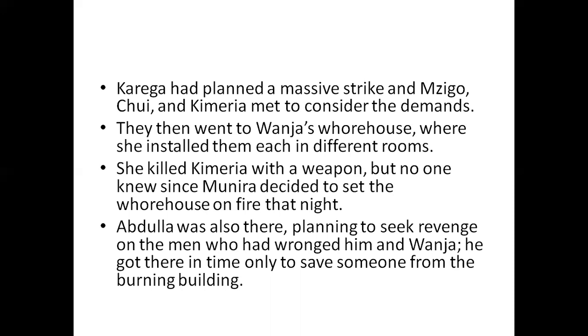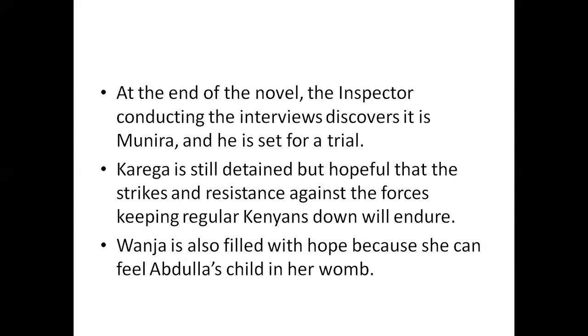Abdullah was also there. So Abdullah was inside the whorehouse, planning to seek revenge on the man who had wronged him. And Wanja got there in time only to save someone from the burning building. So at the end of the novel, the inspector conducting the interviews discovered it is Munira. He said he is set for a trial.